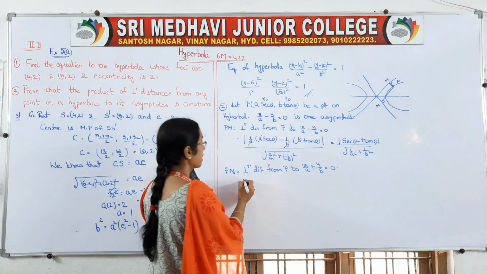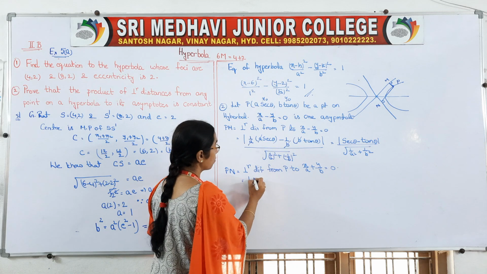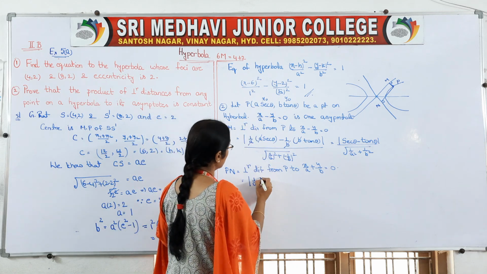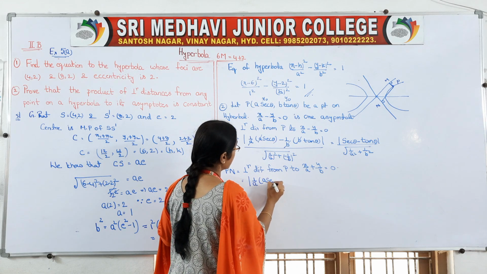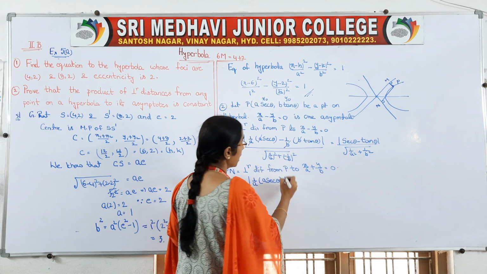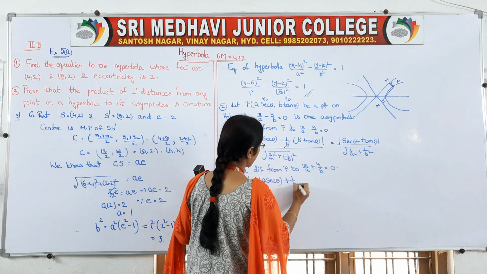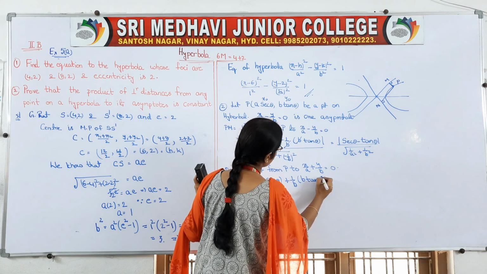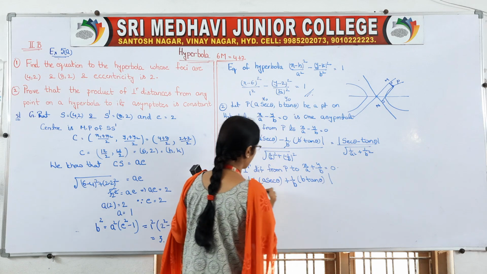So now it is nothing but modulus of x coefficient 1 by a into x naught, a secant theta, plus y coefficient 1 by b into y naught, b tan theta. There is no constant term, right?